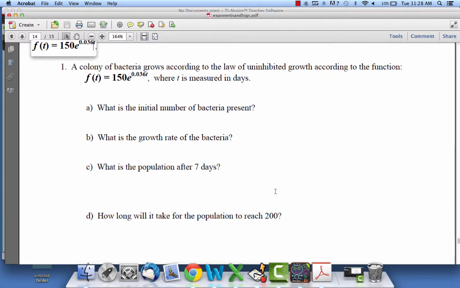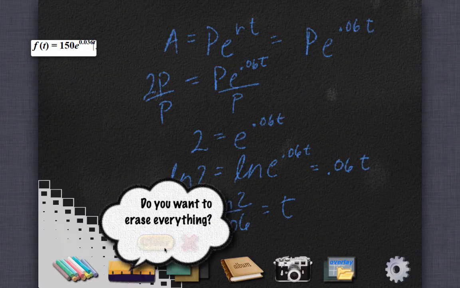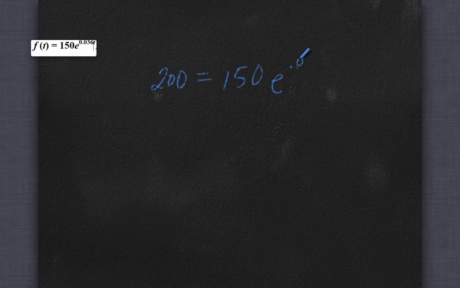How long will it take for the population to reach 200? So this one is harder. We need to do some work before we can put it in the calculator. So we want to know when it's 200. So 200 equals 150 e to the 0.036t.